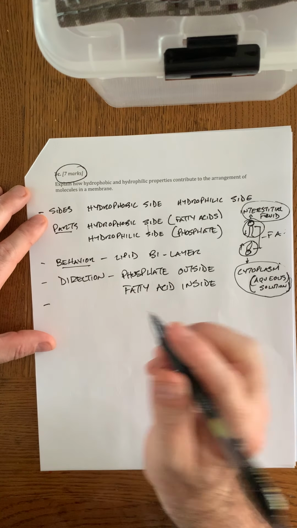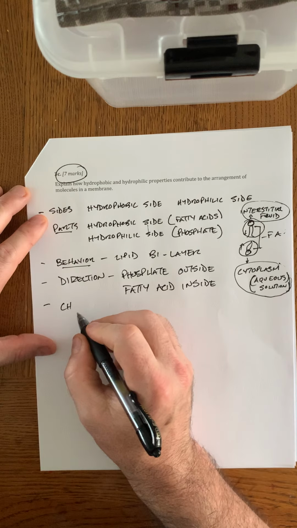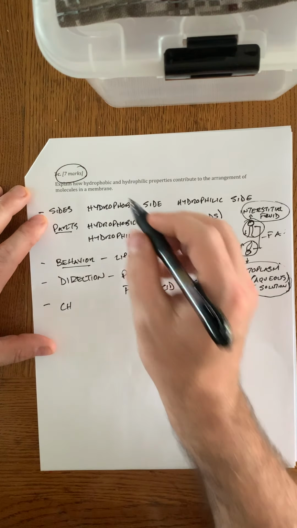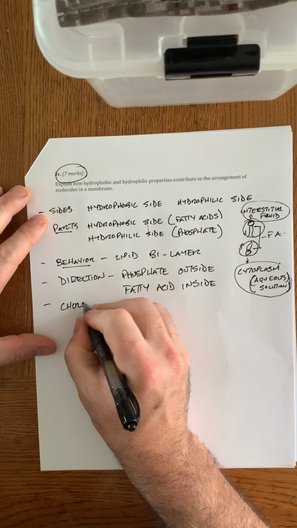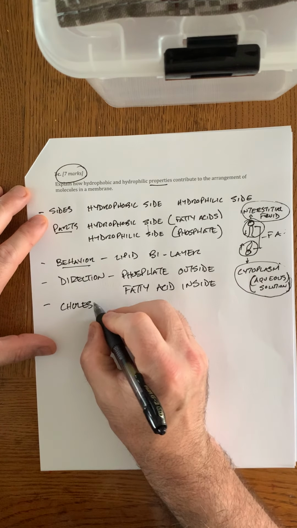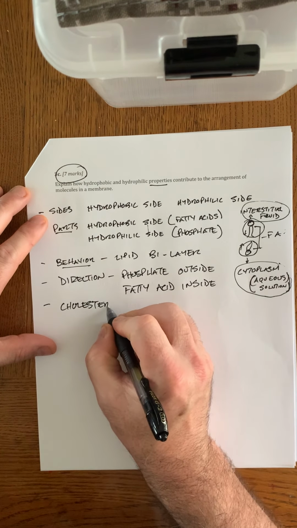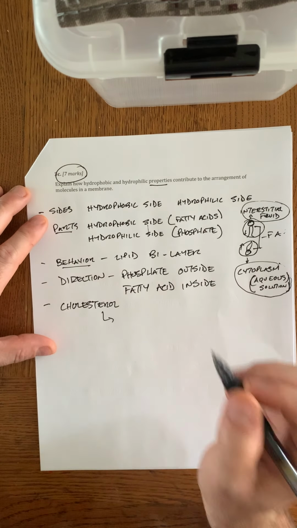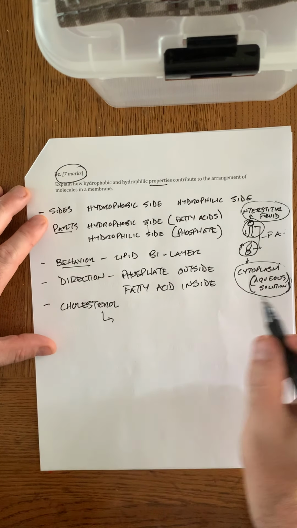Let's see, what else? Cholesterol, we didn't talk about cholesterol. Cholesterol could have an effect. It says hydrophobic and hydrophilic properties. I throw cholesterol in there. So cholesterol, let's bring that down here so it doesn't confuse it with direction.